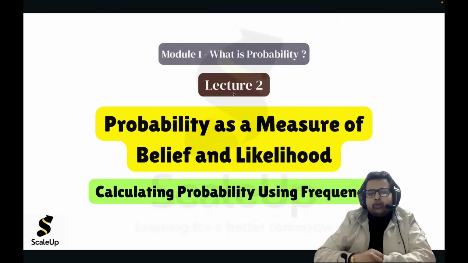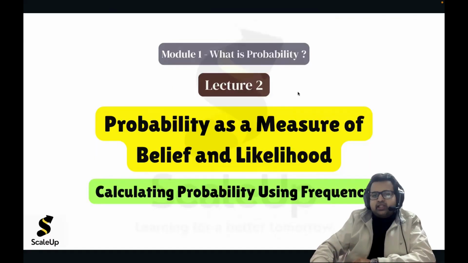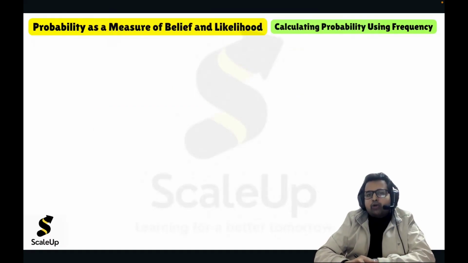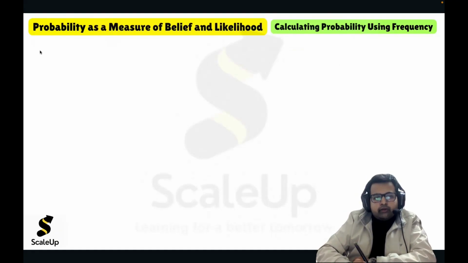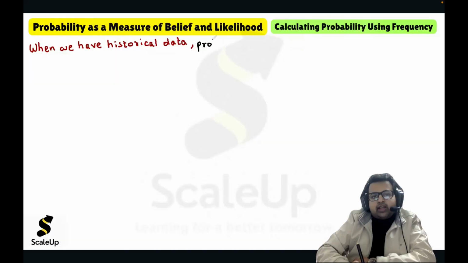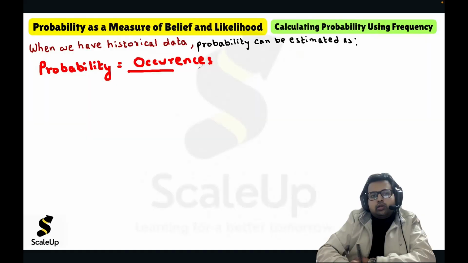Okay, so now we will look into the next topic of this lecture, that is calculating probability using frequency. The idea is that when we have historical data about the events, that is the specific outcomes of an uncertain process, probability can be estimated as occurrences divided by occurrences plus non-occurrences.